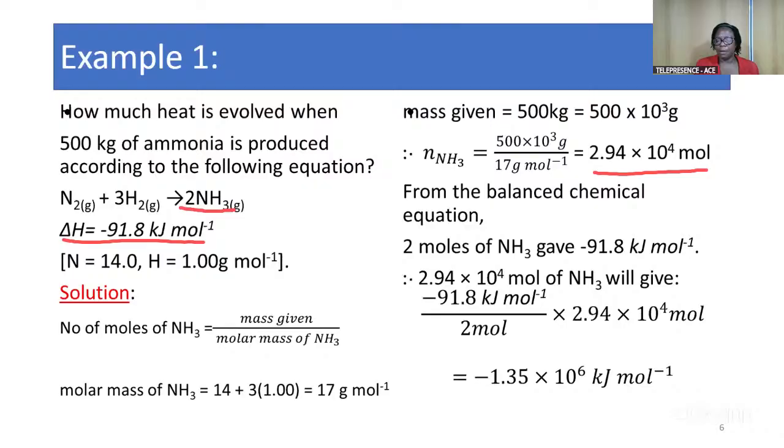So that is how we calculate it, because we know that if 2 moles is giving minus 91.8, then 1 mole will give minus 91.8 kilojoule per mole over 2 moles. And of course, in the course of doing this, some of the units we cancel out.